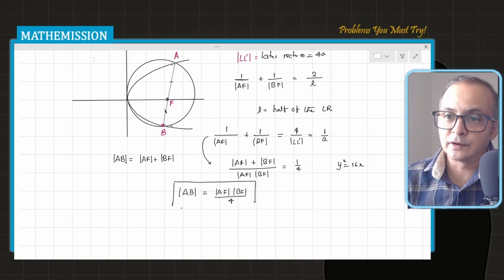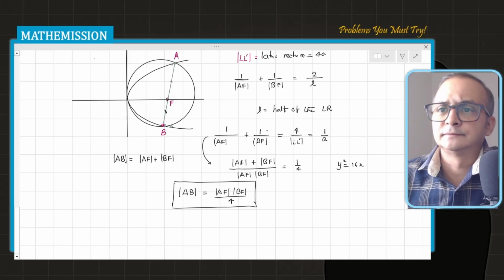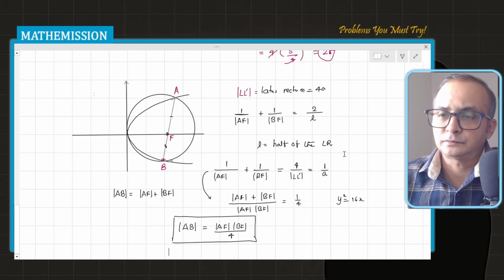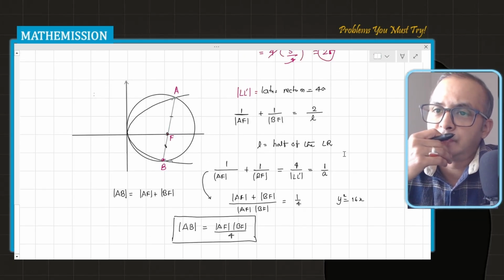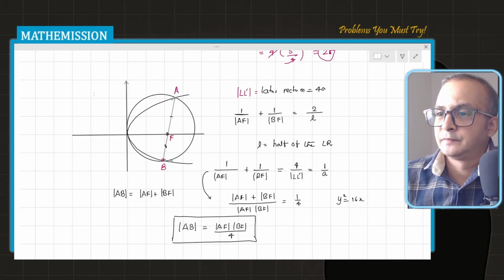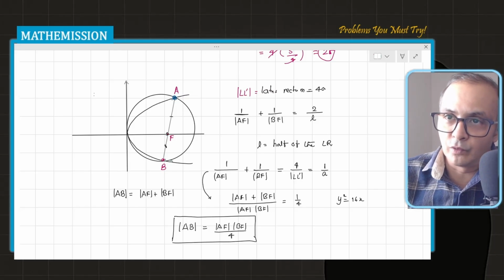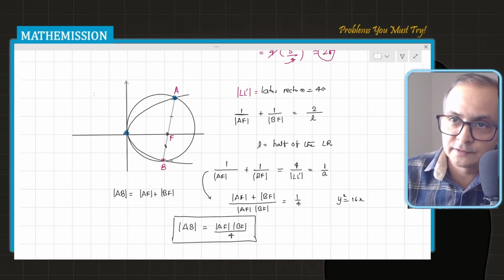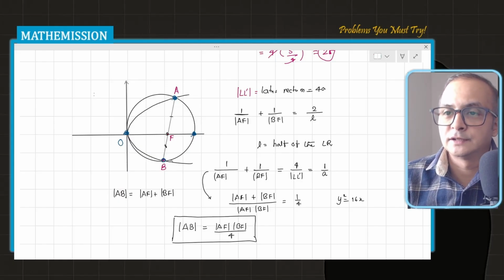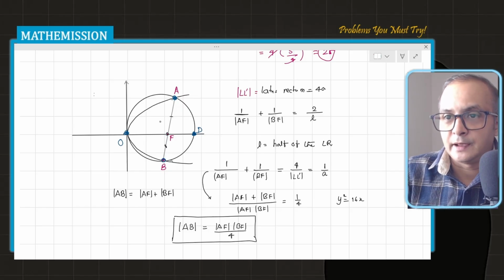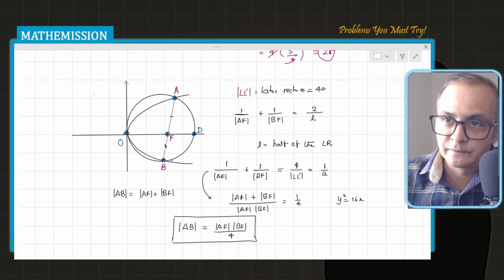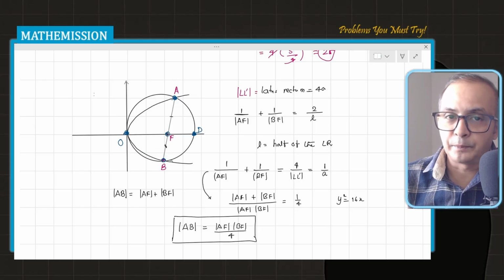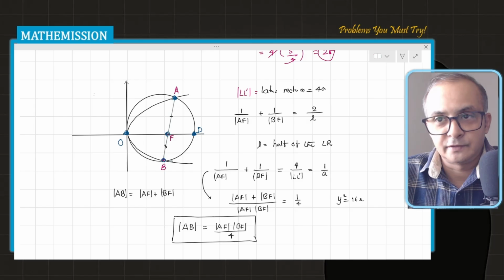So can I get AF into BF directly? Now try to think. Here, you notice one thing, that these 4 points, this origin, let's say O, this B, and this point here, let's say this point is D, are on the circle. Can we see in the reference of this point focus, I can use the power of a point for the circle.